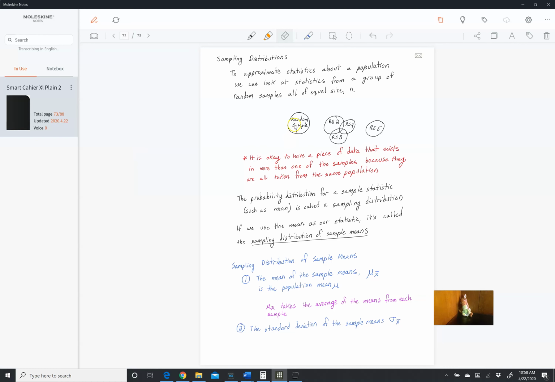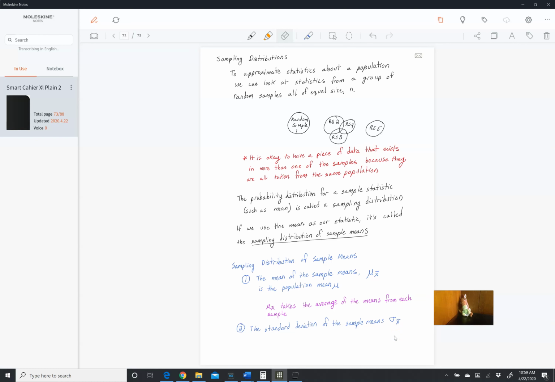So we take the mean from sample 1, the mean from sample 2, mean from sample 3, mean from sample 4, mean from sample 5, and then we use that standard deviation table in order to find the standard deviation of those means. Now, that's not quite equal to the standard deviation of the population, okay?